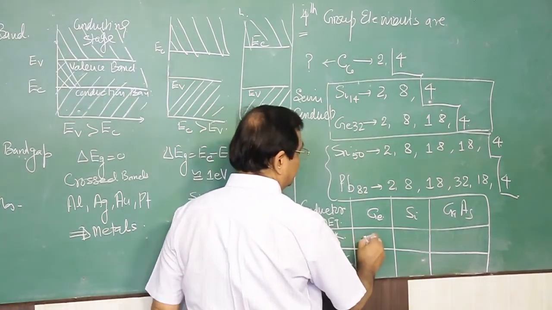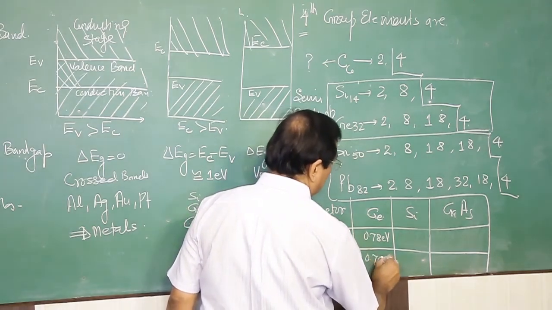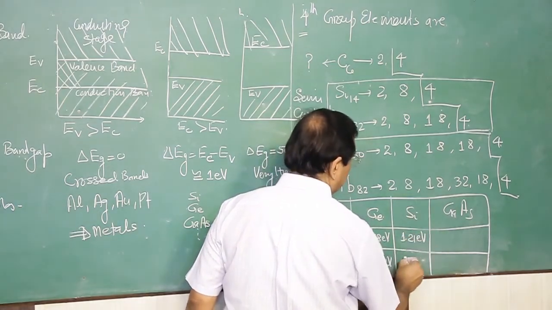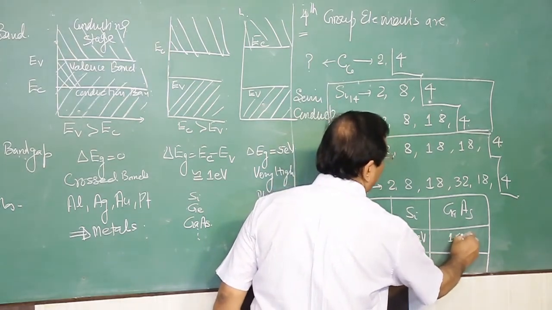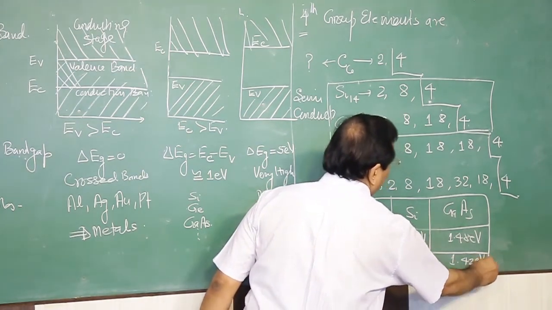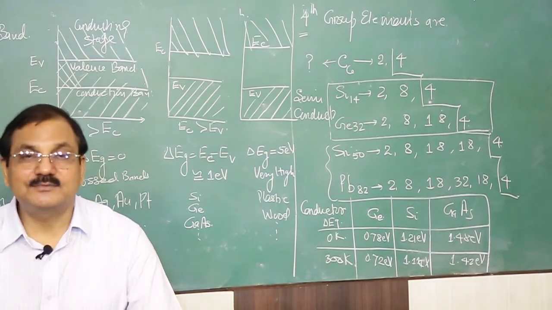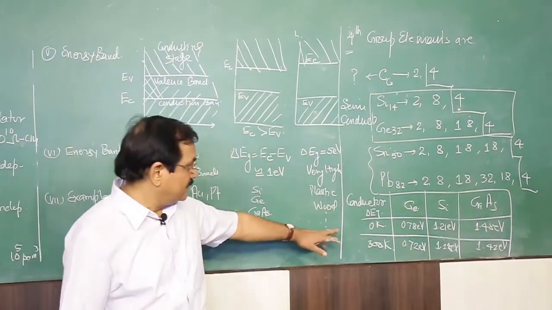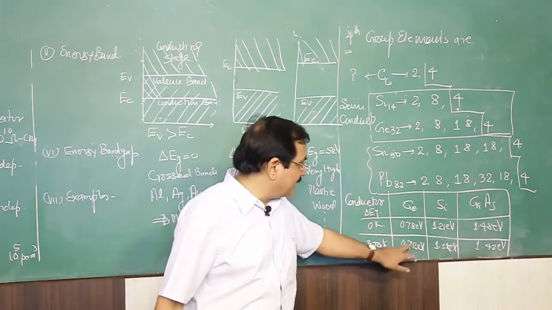This value is 0.78 electron volt, this value is 0.72, this is 1.21 electron volt, this value is 1.11 electron volt, and here it is 1.48 electron volt, and this is 1.42 electron volt. So, these are the band gaps of the semiconductor materials, which gives the concept of temperature dependence, that is from 0 Kelvin to 300 Kelvin. If we increase the temperature, the band gap will decrease.